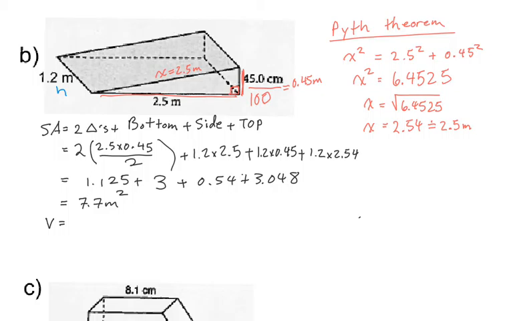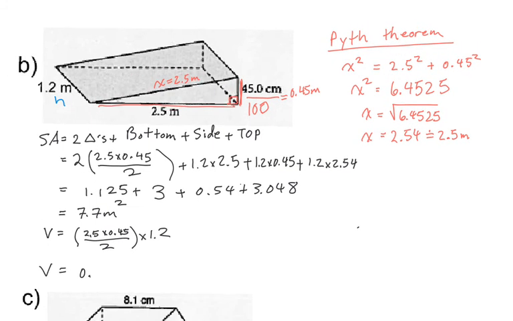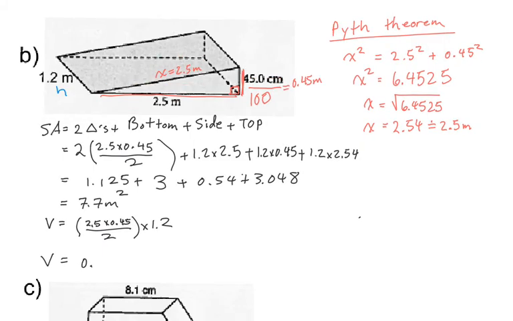Let's do that first. The area of the triangle is going to be 2.5 times 0.45 divided by 2. Then we're going to times that by 1.2 to get a total volume of 0.675 meters cubed.